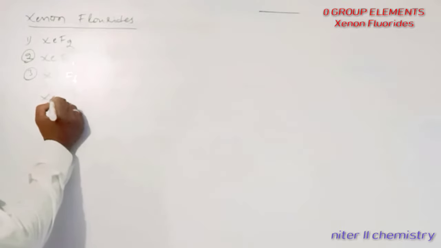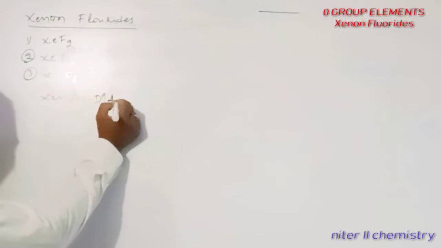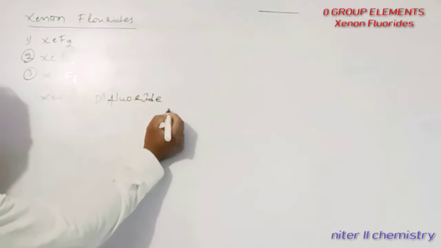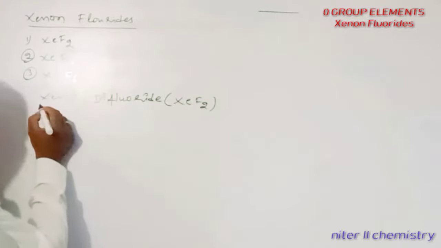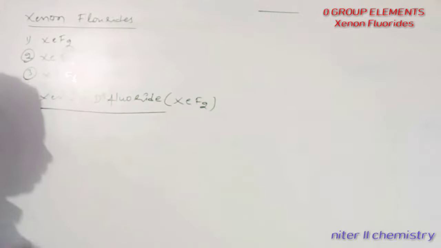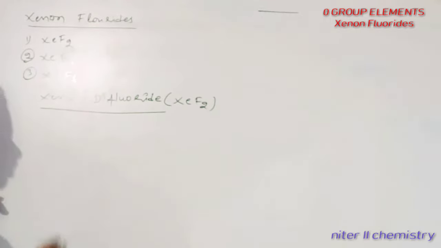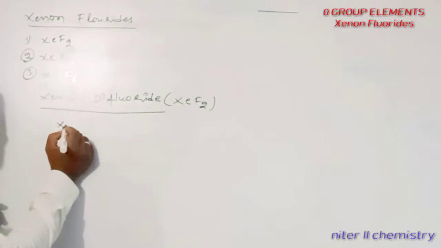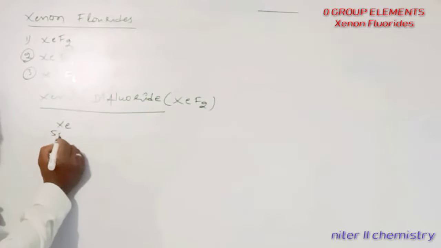Xenon dichloride. In xenon dichloride, the central atom is xenon. The atomic number of xenon is 54.